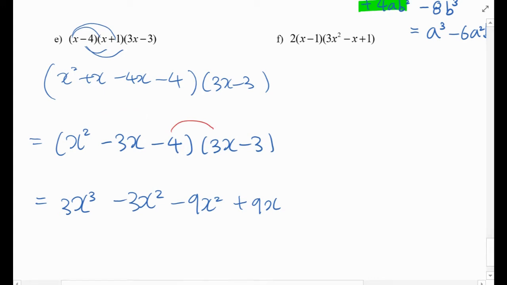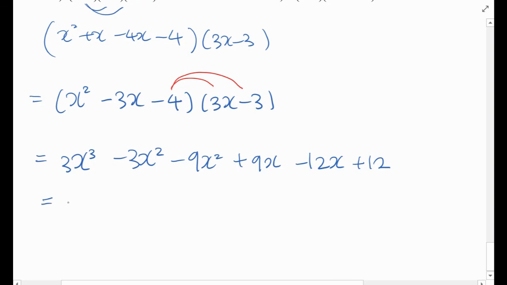Negative 4 times 3 is negative 12x. Negative 4 times negative 3 is positive 12. 3x cubed, negative 3, negative 9 is negative 12x squared, positive 9, negative 12 is negative 3x plus 12.